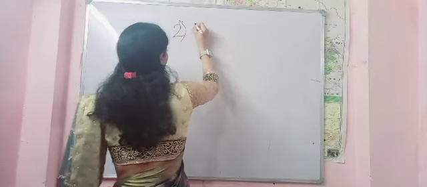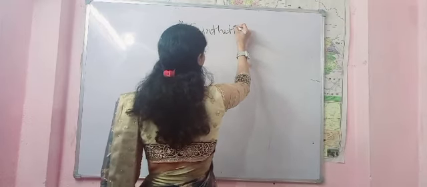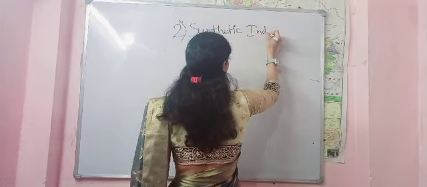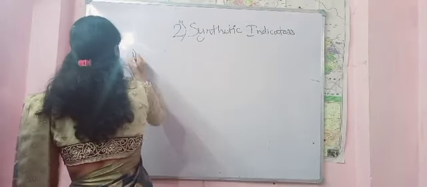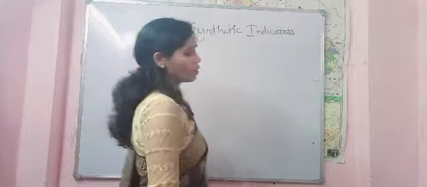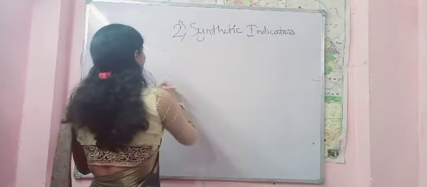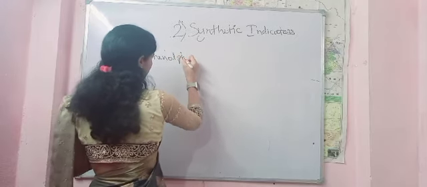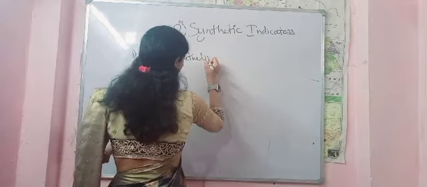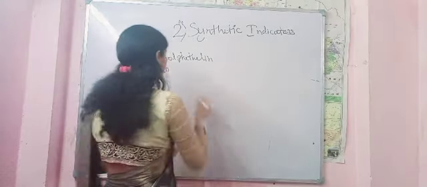Second is synthetic indicators. As we have discussed, the synthetic indicators: first is phenolphthalein. The original color of phenolphthalein is colorless.